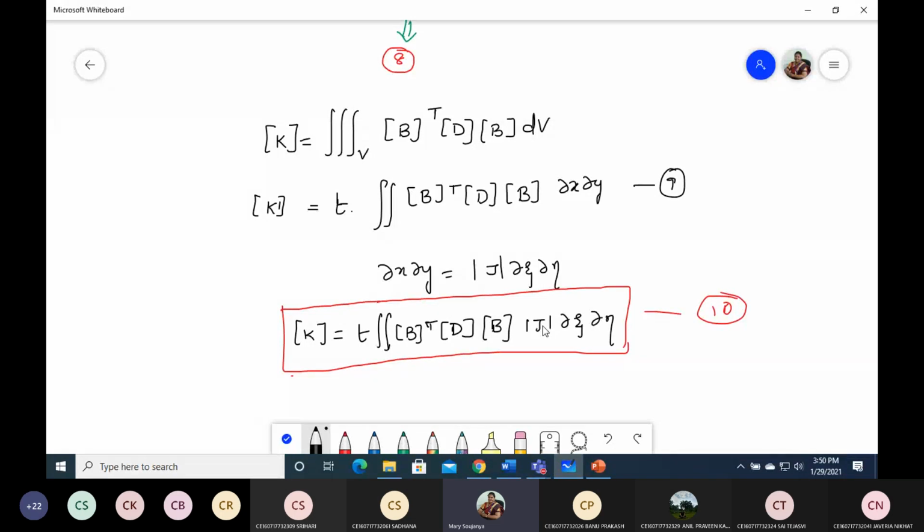So reducing all these things, we use numerical integration. That is, we take Gauss quadrature into picture. Using Gauss quadrature formula, we will reduce this level of difficulty and try to solve the problem.